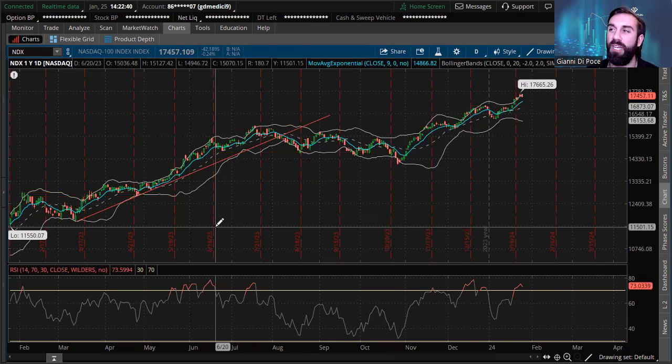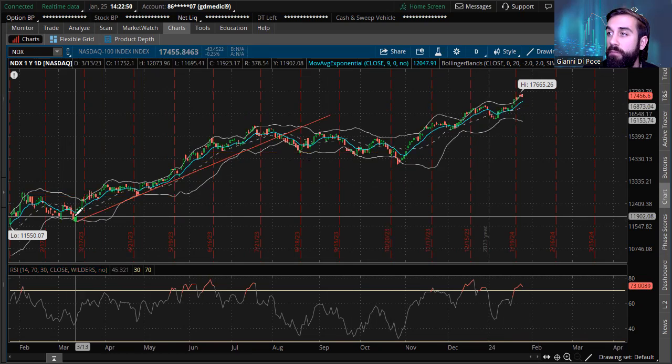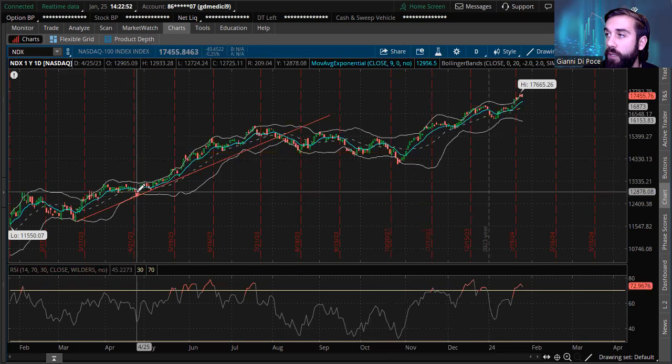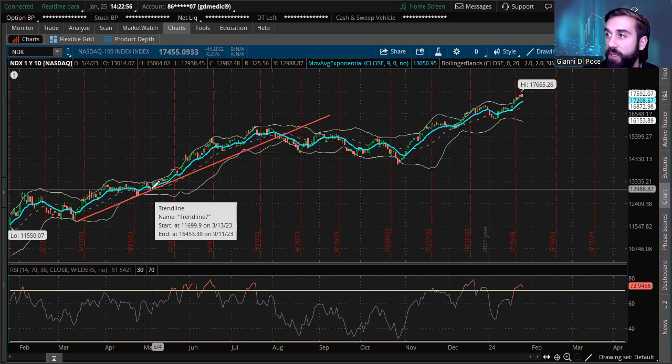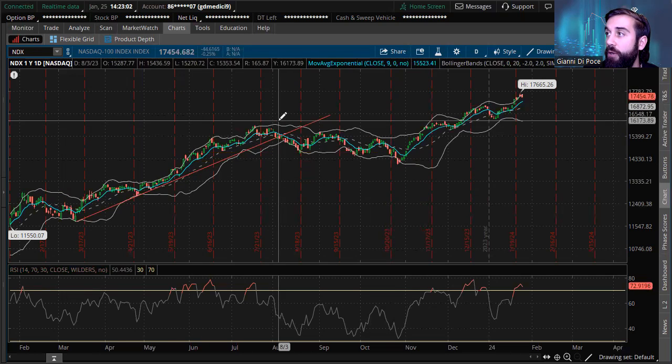So by definition, you need to have at least two lows for a trend line to matter or to be drawn. Okay, so you had a low here in March of 2023, and you had a low here in April of 2023. We then bounced off it again in May and followed it pretty closely, almost hit it again a second time in May, and then rallied higher.